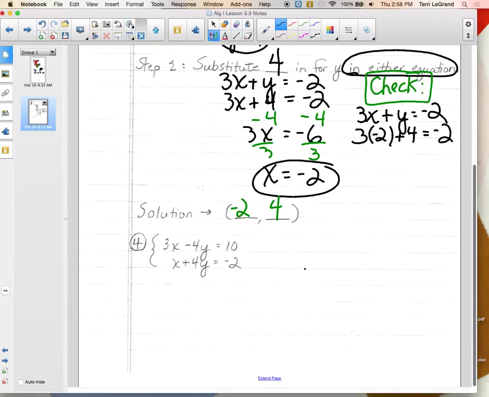I want you to process this down. What is 3 times negative 2? Negative 6. Bring down the plus 4. Bring down the equals negative 2. And then we don't just put a check mark. We say negative 6 plus 4 is negative 2. And then we can say check.